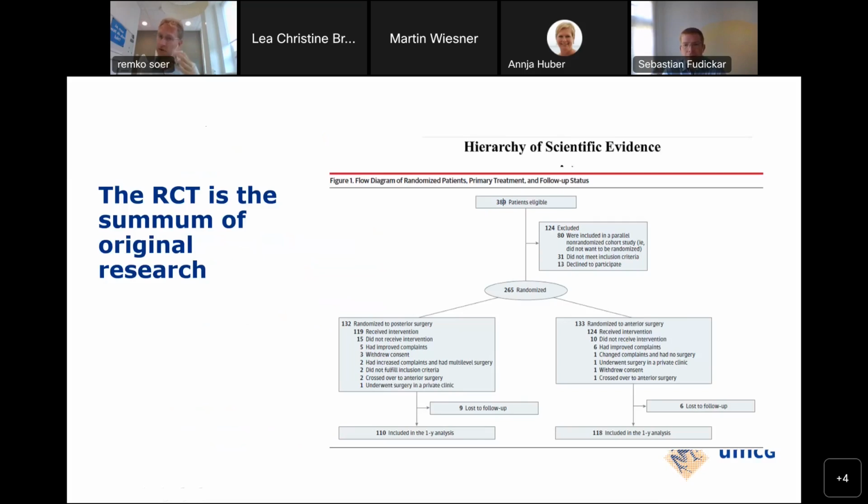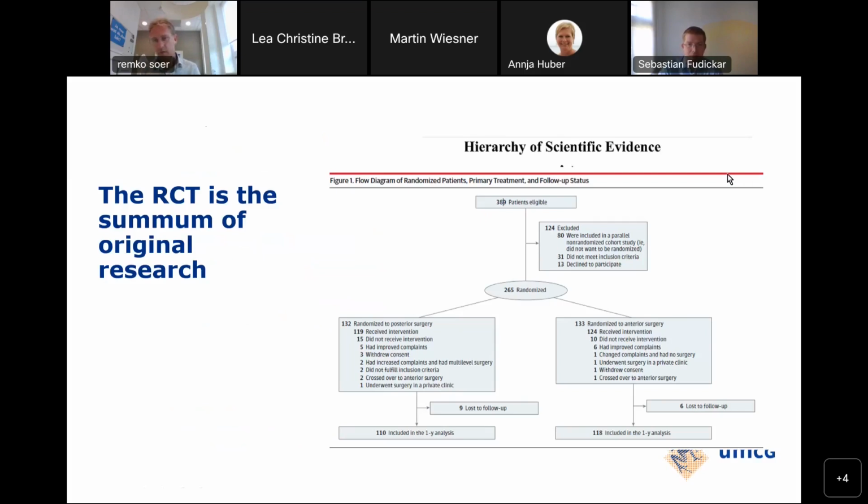And they had very strict inclusion criteria: no comorbidities, no muscle spasms, no discopathies on other vertebral levels. They were 389 clean neck herniation patients who had the herniation on exactly the correct side, so that either a surgery from the front side or from the back side could have been performed.